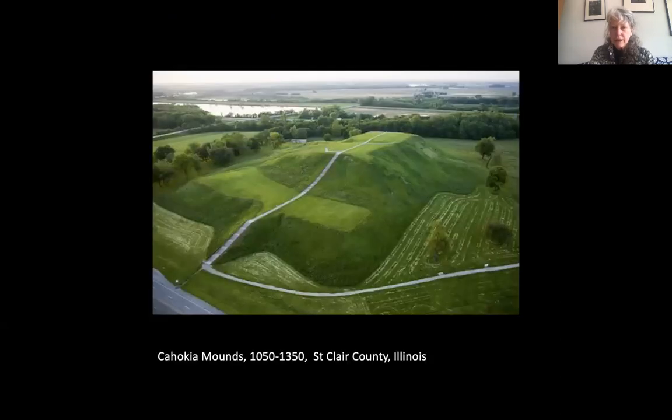a minor site. Okay, so you can also visit the capital city, you could say, of Mississippian culture around the year 1000, which was Cahokia. You can visit Cahokia and see the mounds there, the temple mounds that the Mississippian people built.